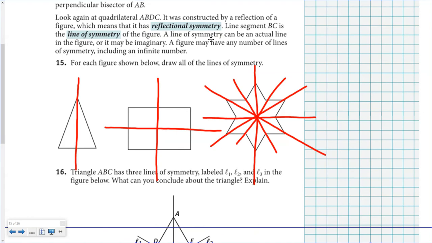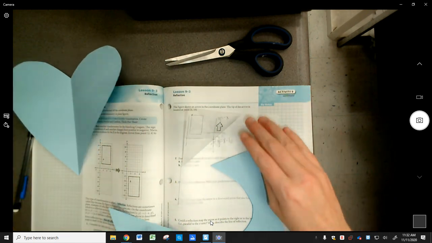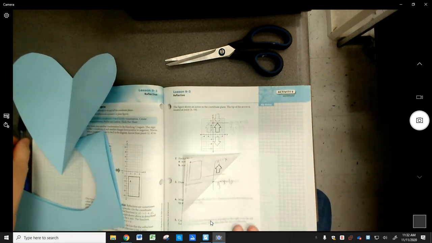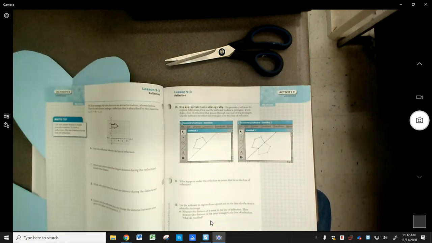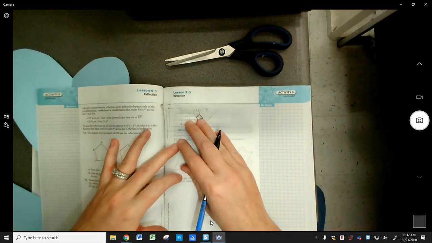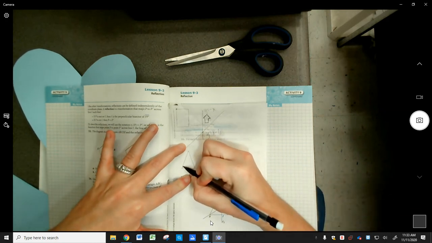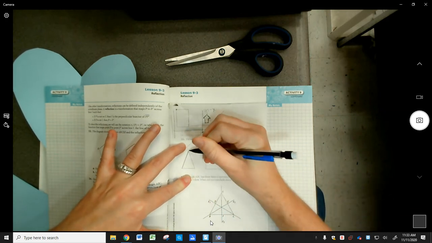So we are going to look in our book at these figures. So you're going to take your patty paper and you are going to trace the triangle.